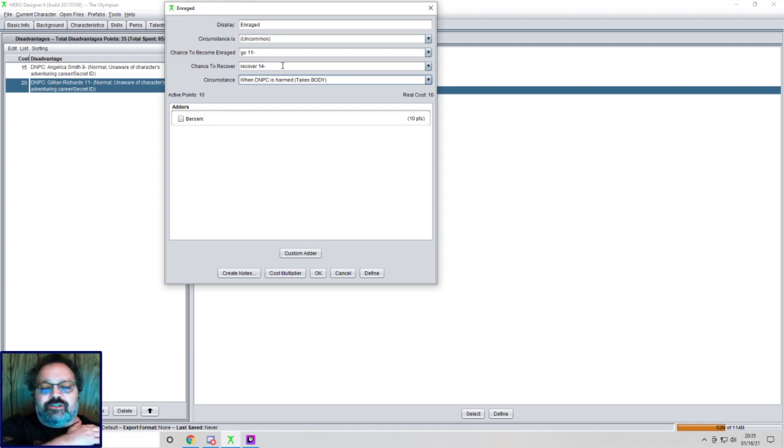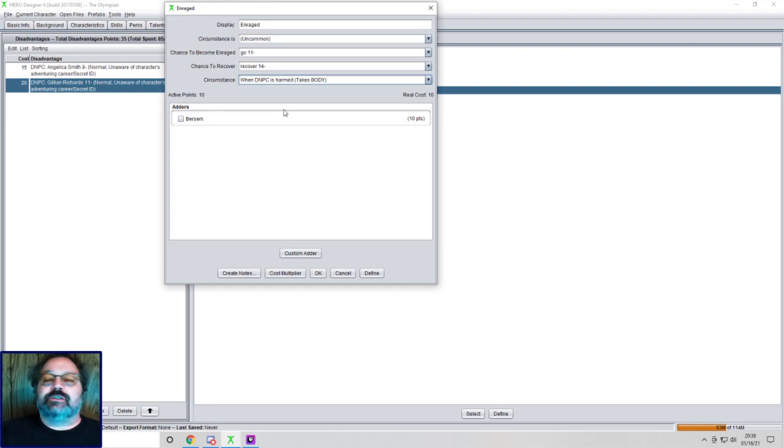Okay? To the exclusion of everything else, he will now attack that individual if he failed on his become enraged roll. Okay? Now, after that target is down, if he manages to put him down, you roll 3 dice 6 and try to get under 14 to recover. Okay?